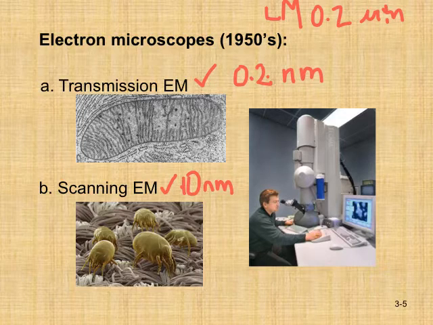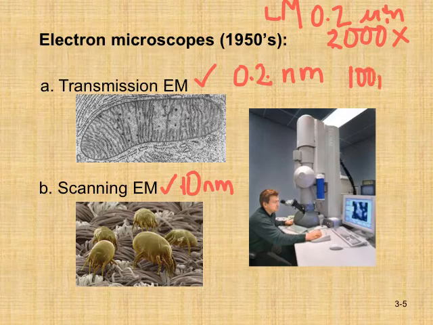So that means, with light microscopes, we can magnify objects up to about 2,000 times. With the transmission electron microscopes, we can get up to about 100,000 times magnification. And with the scanning electron microscopes, about 10,000 times.